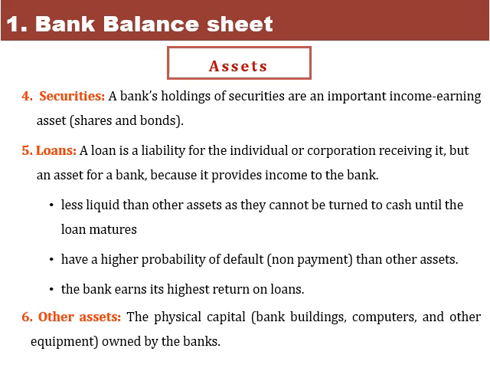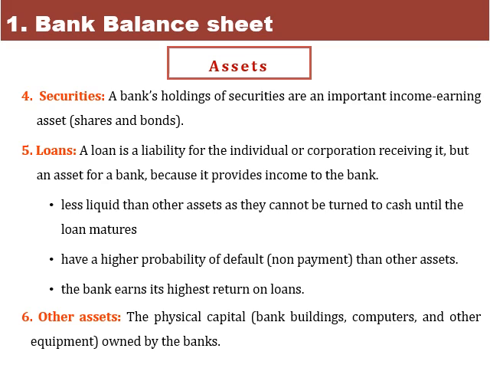Concerning loans, we should note that they are the least liquid asset compared with all other assets. Why? Because they cannot be converted into cash until the end of the maturity. They are also risky assets as they have the highest probability of default.